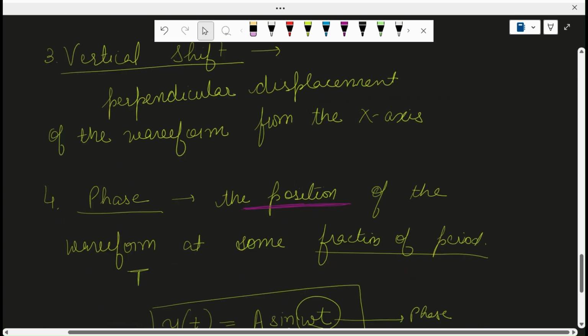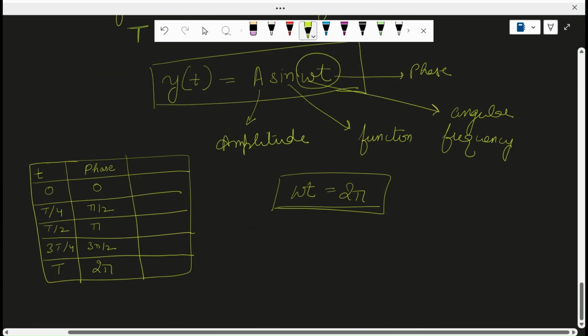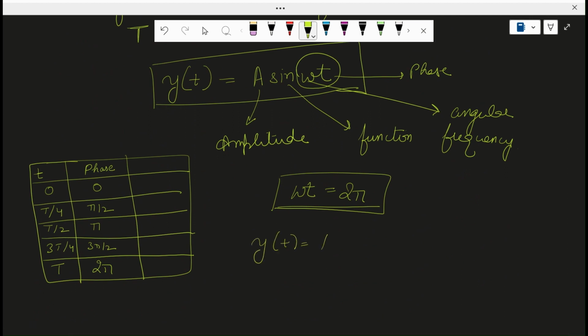Now let us quickly compare this table with this wave. Let us put down the values. What is A sin(ωt)? This will be ω times 0, and this is sin 0, that is 0.